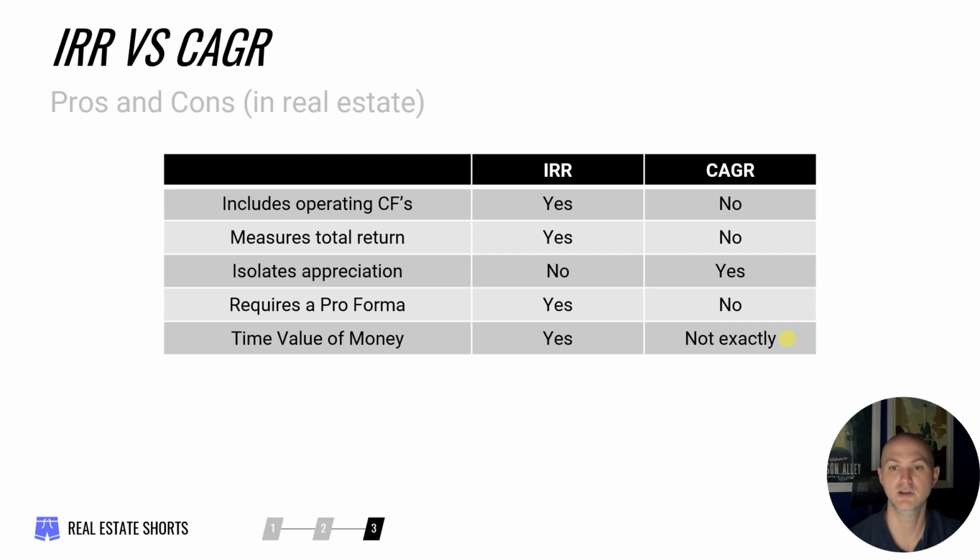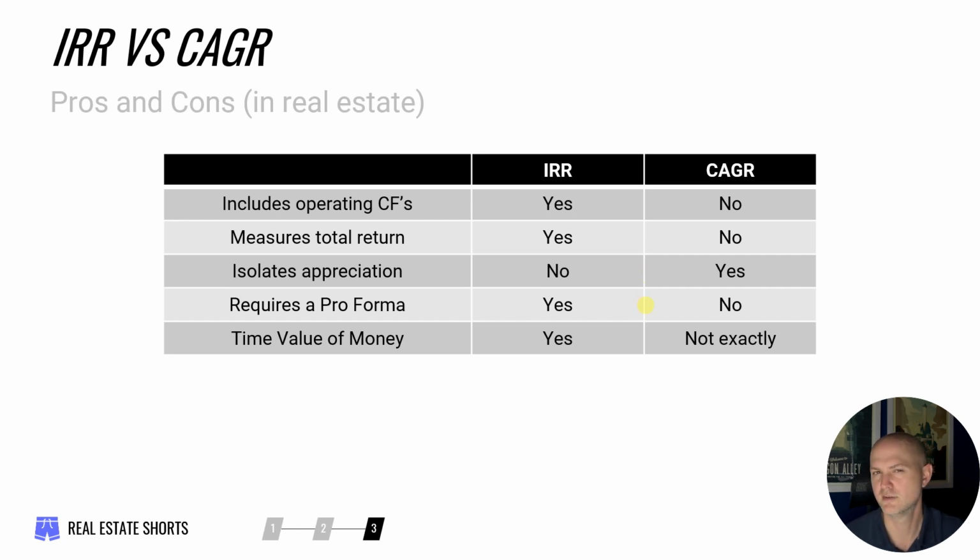So IRR includes these interim cash flows, CAGR doesn't. IRR measures total return, not just return from appreciation, right? Now, if what you're trying to figure out is how much of my return came from appreciation, you'd have to isolate it in some way. CAGR can do that for you.